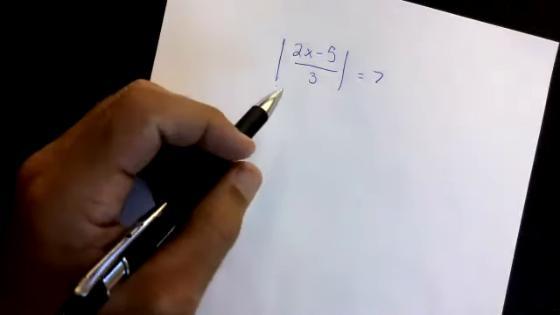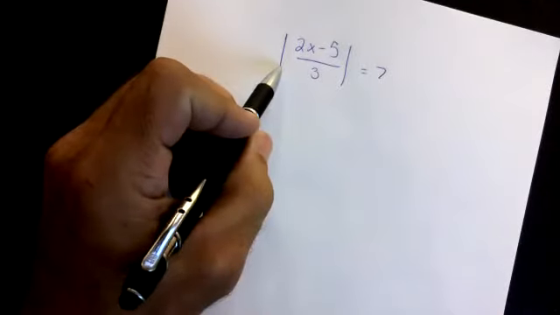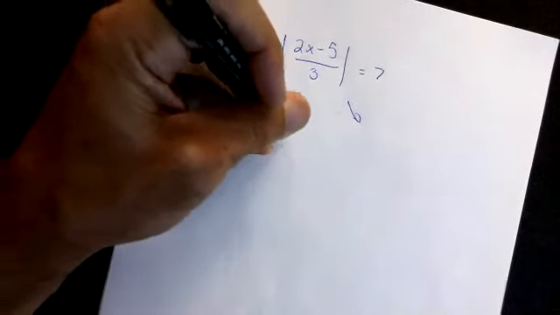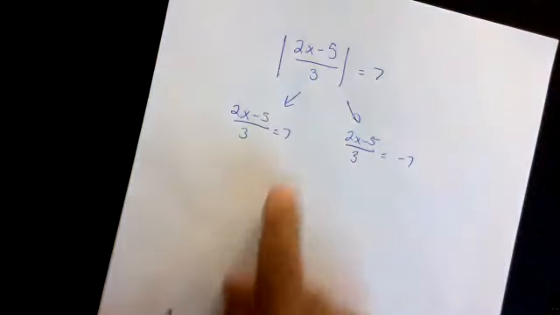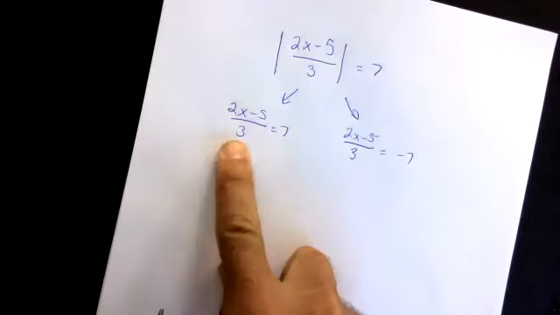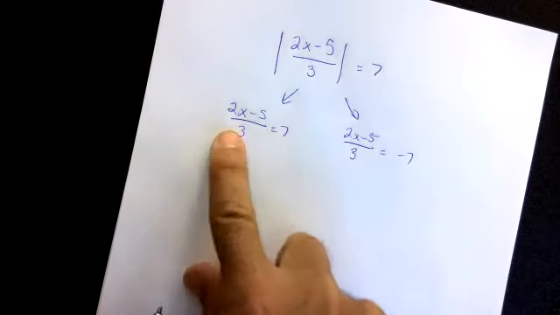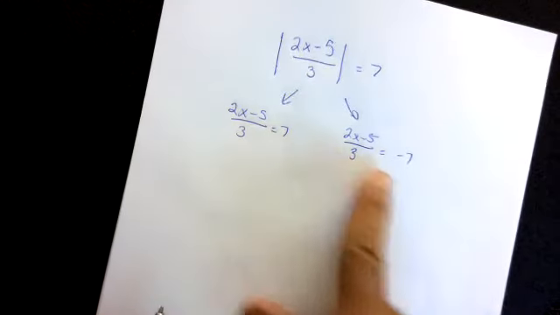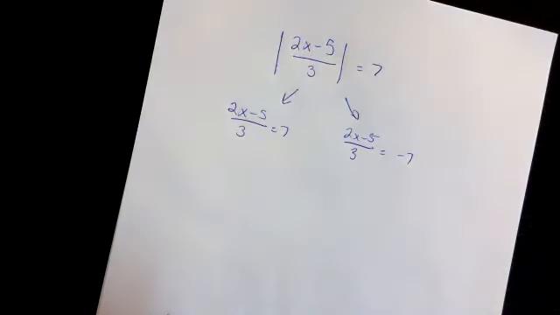The rules and the steps are still the same. So if I've got the absolute value by itself, this is where I can split it up. And what's inside the absolute value, I didn't change. So 2x minus 5/3 is the same for both. The 7, I've got a positive and I've got a negative. So these are the two that I'm going to solve.